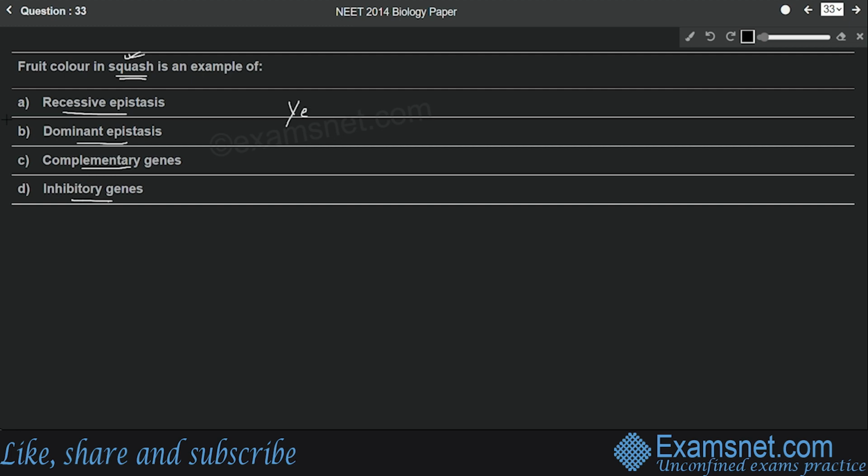First one is yellow, for which we use capital Y. Second is green, for which we use small y, and the third is white, for which we use W. Okay, so as you can see, yellow is the dominant one. So capital Y is the dominant allele, and small y is the recessive one.